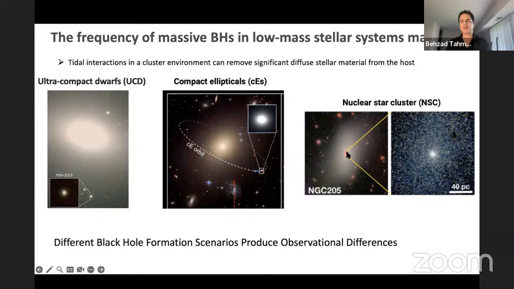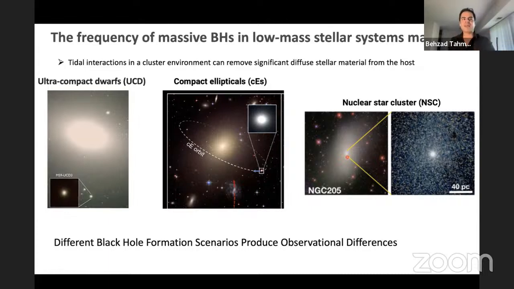And another object is nuclear star clusters, which also have very high stellar density in the center, and they provide a good opportunity for us to detect black hole mass using dynamics, because there is a high density of stars around the black holes that can easily be affected dynamically by the mass of the black holes.